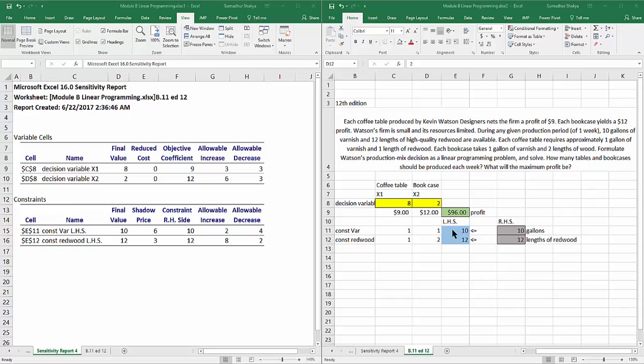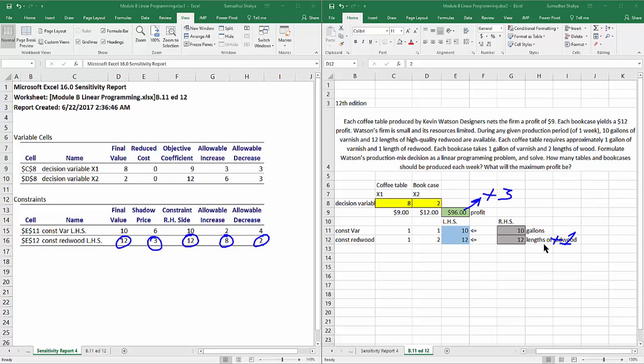Now on the same hand, if we were to consider the constraint for length of redwood, then we have 12 lengths of redwood that have been used out of the 12 that were available, and it has a shadow price of 3 with an allowable increase of 8 and decrease of 2, which means if you were to allow one more length of redwood, it will help improve our profit by $3.